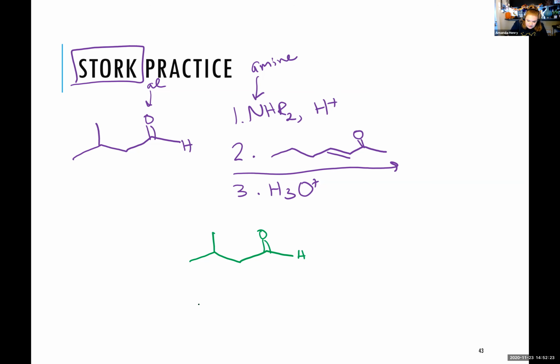And I'm going to draw my double bonded carbon, my alpha beta unsaturated carbonyl on the bottom. The new bond that's going to form goes from alpha to beta, and that's it. We're going to draw that new bond, and we're going to delete the double bond.